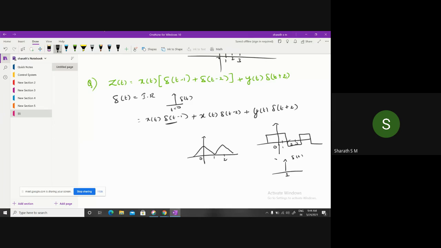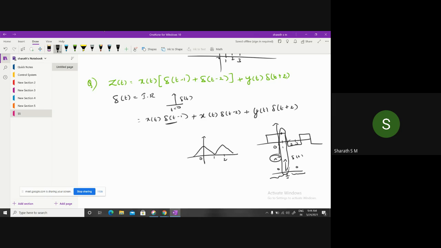Once we multiply these two signals, irrespective of t is equal to 1 and the remaining instants, this signal becomes 0. That concludes at t is equal to 1, it is going to pick the amplitude level of x of t. So this is the final result we can observe.